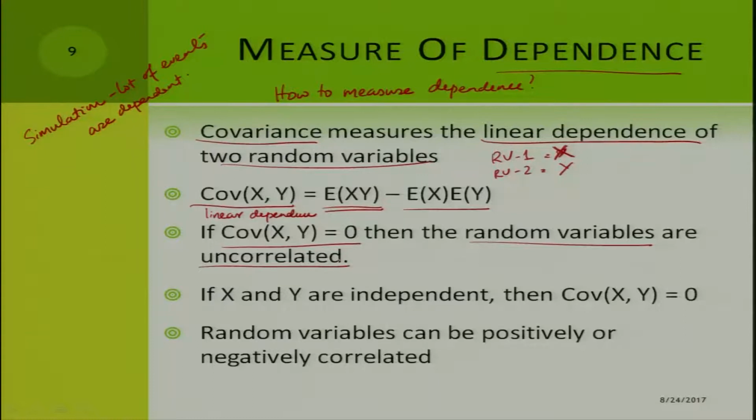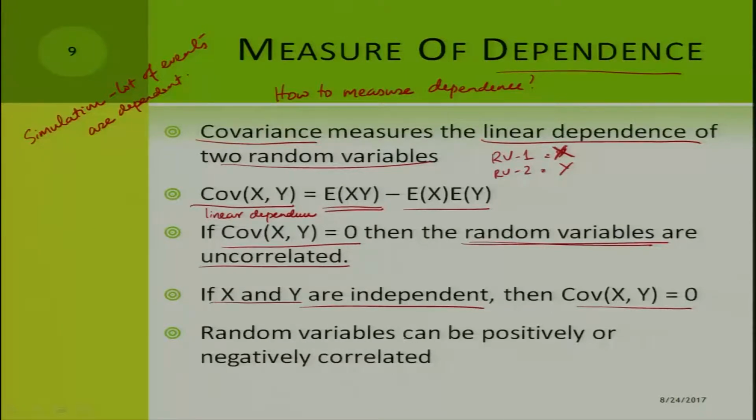That means there is no correlation. If X and Y are independent, then the covariance is also 0. That is also true.